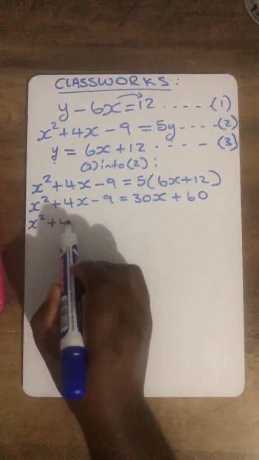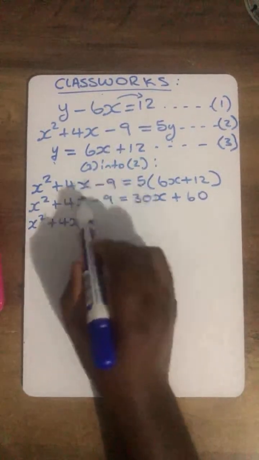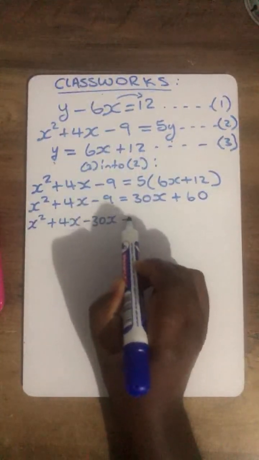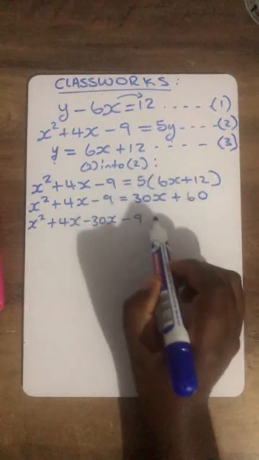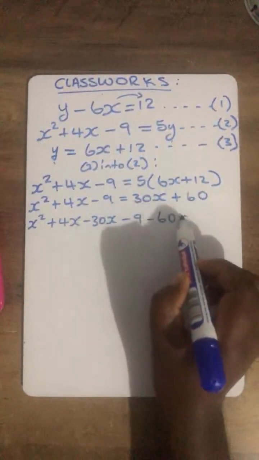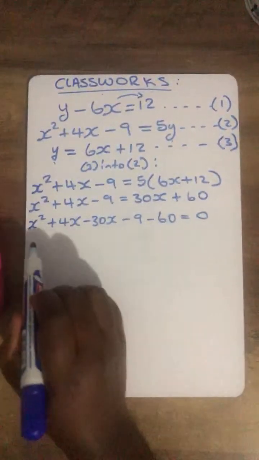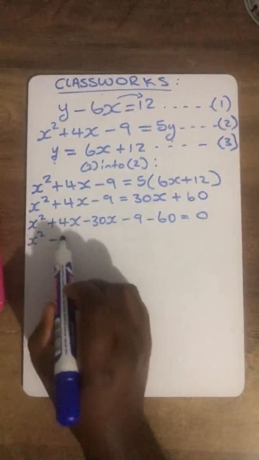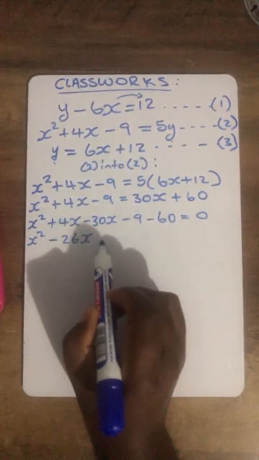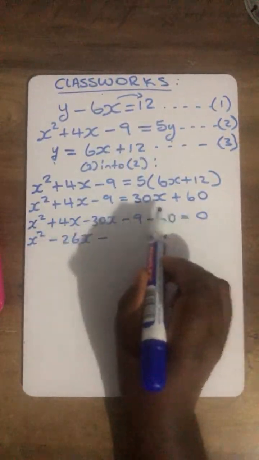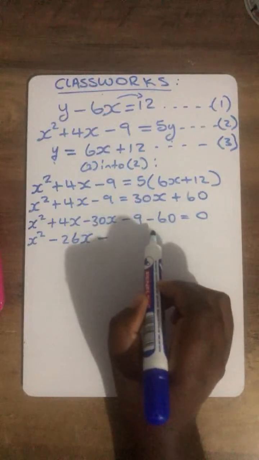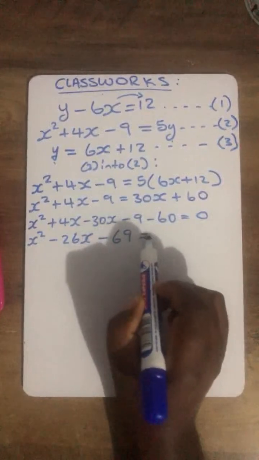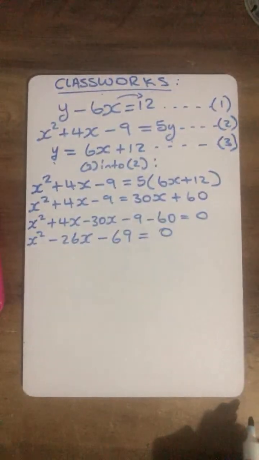We already have plus 4x there; we take this to the other side and it becomes minus 30x. We already have minus 9; we take that to the other side and it becomes negative 60. Everything is equated to 0. So we have x squared, trust me, you end up having negative 26x there, minus, and then what is it? Is that negative 69? It seems like this is negative 69, equals 0 there.